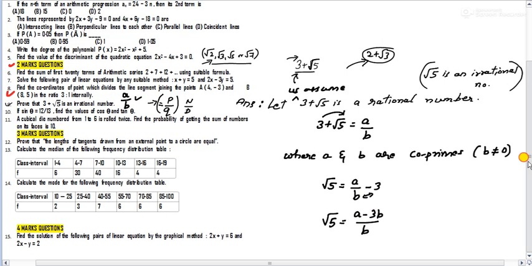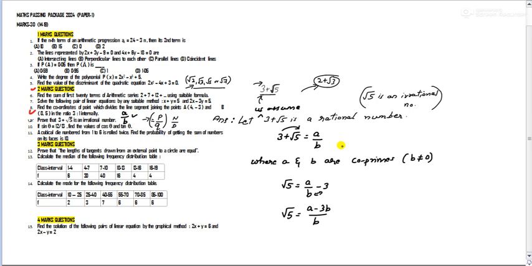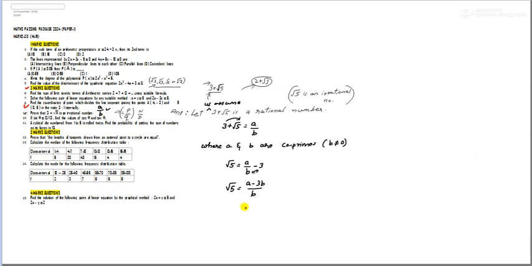Now, after this step you have to write: since a and b are integers, integers meaning any positive or negative number, we get a minus 3b by b as rational.